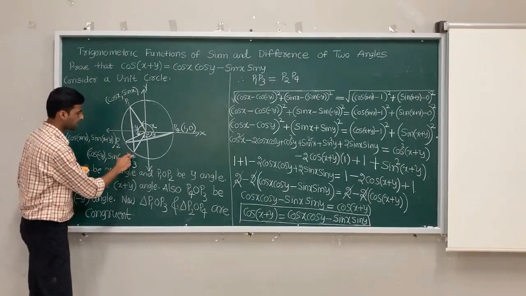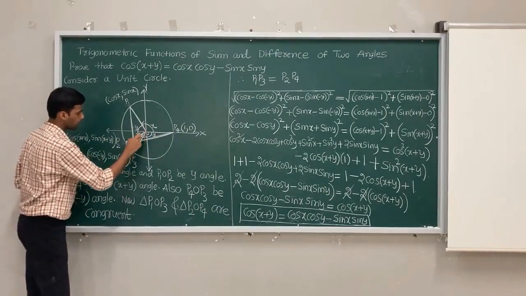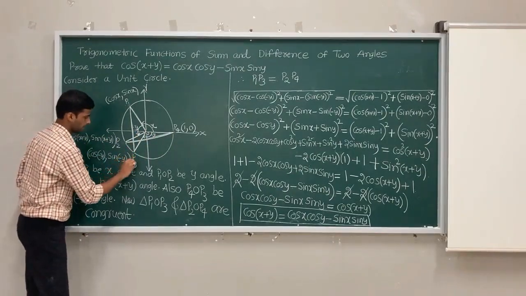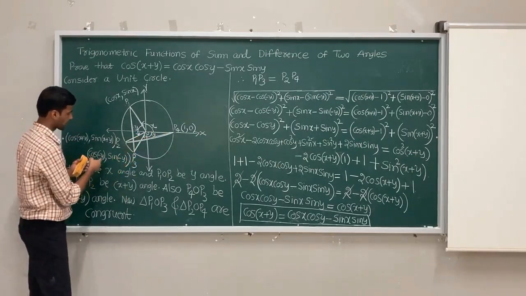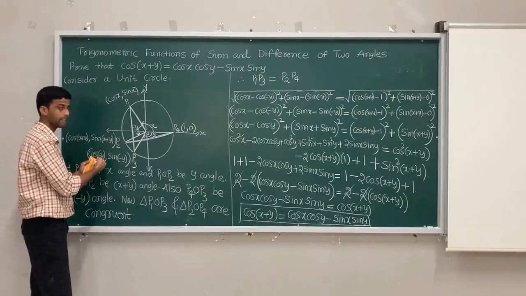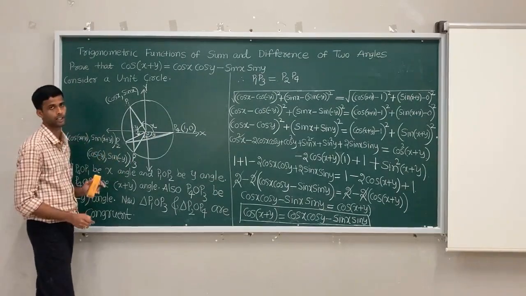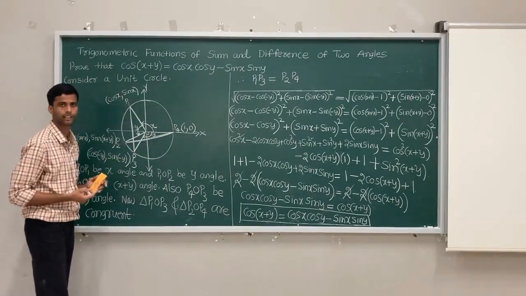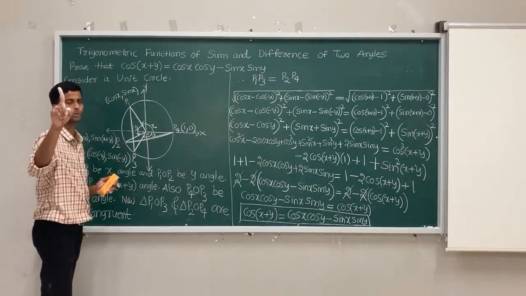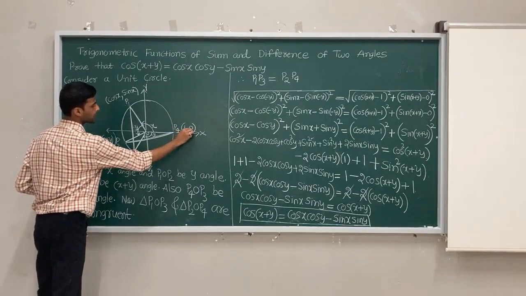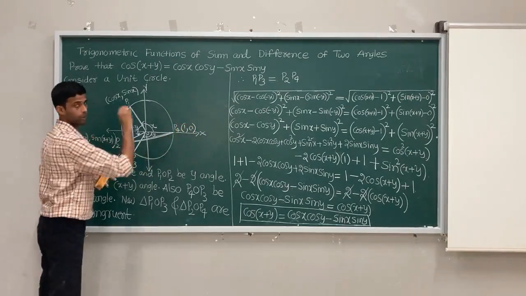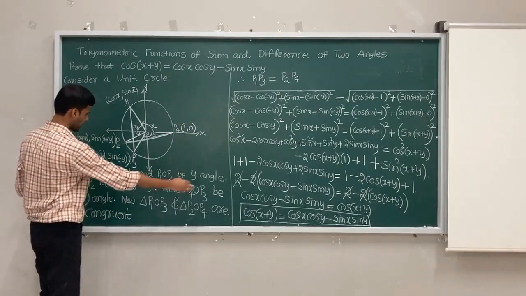Then P3 is nothing but the coordinate of the P4 O P3 angle, which is minus y. So the corresponding coordinates are cos of minus y, sin of minus y. As it is a unit circle, unit circle means radius 1 unit. Therefore this has a length of 1 unit. As it is on the x-axis, the y point is absent, therefore it is 1 comma 0. Then I wrote as it is.